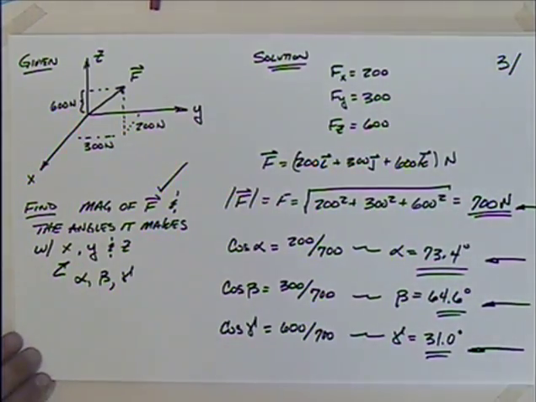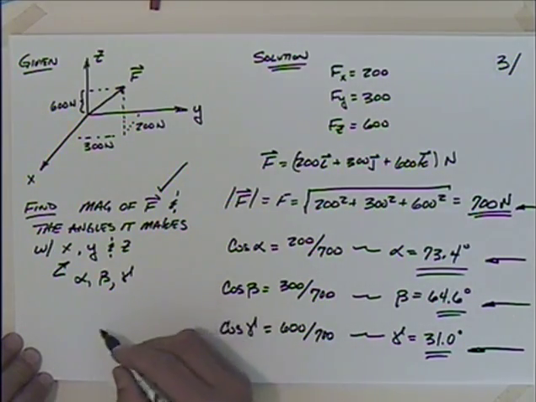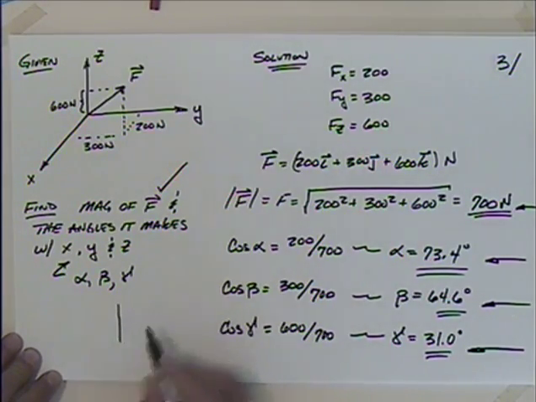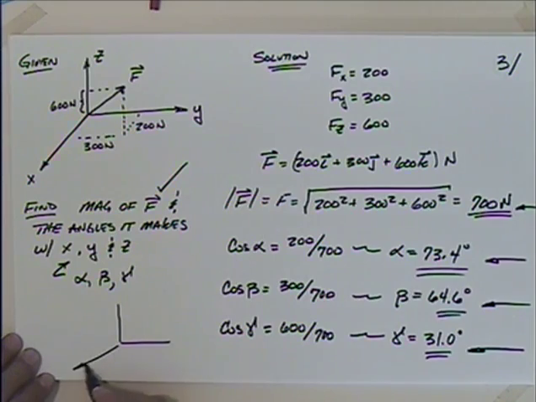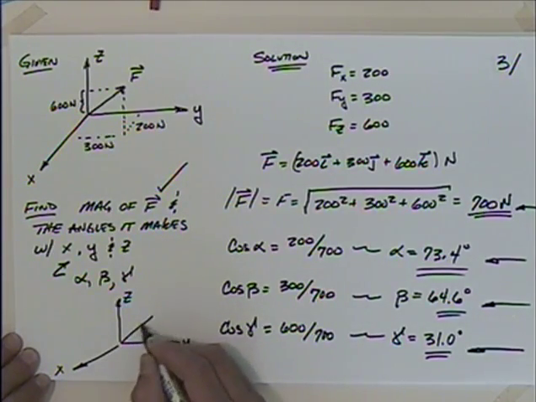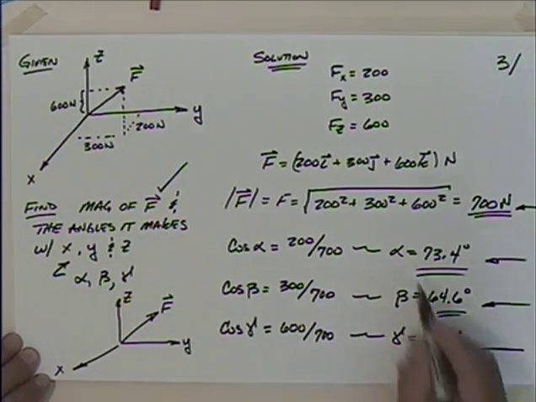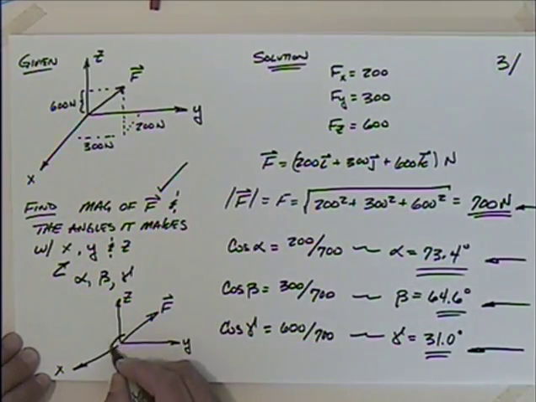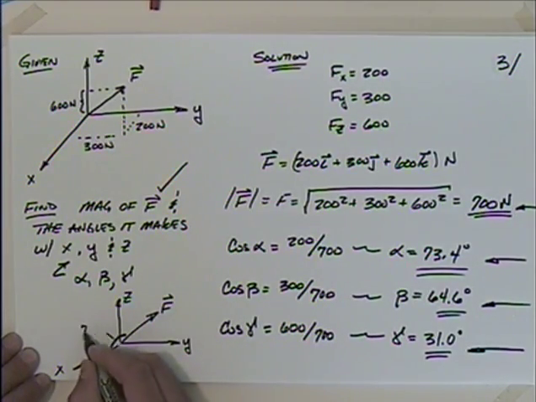It's not asking for this, but conceptually, what are they talking about? Well, let me reproduce this coordinate system here again. X, Y, and Z. And we've got this vector out here, F, and what it's saying is that alpha, this angle here, we know that angle is 73.4.